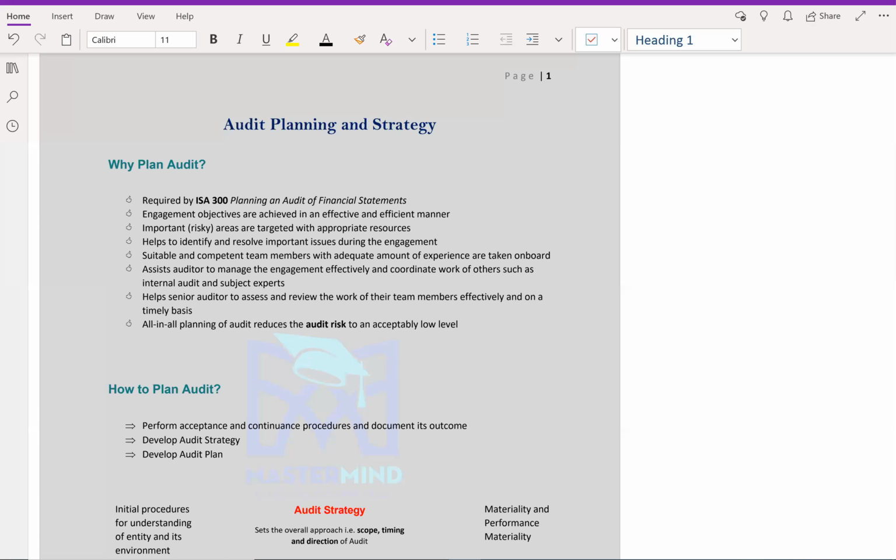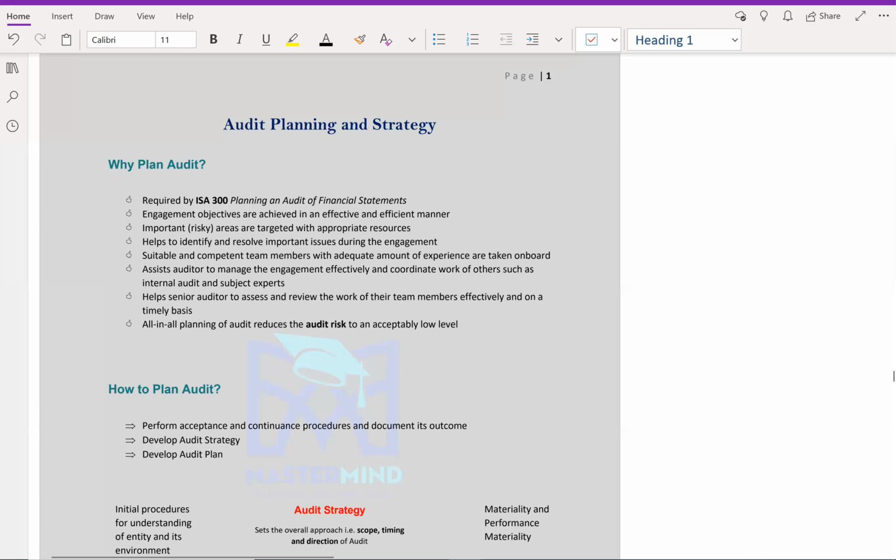In all, planning of audit procedures or audit reduces the audit risk to an acceptably low level, right? So even this is what ISO 300 tells you, that you need to plan an audit of financial statements. Why? Majorly because your audit risk is reduced to an acceptable level. All right.